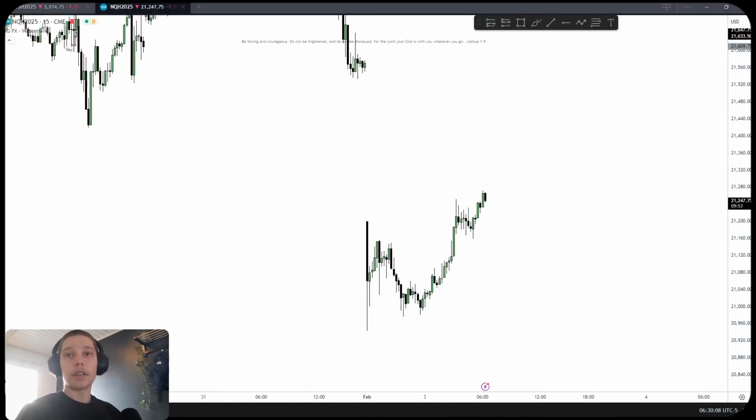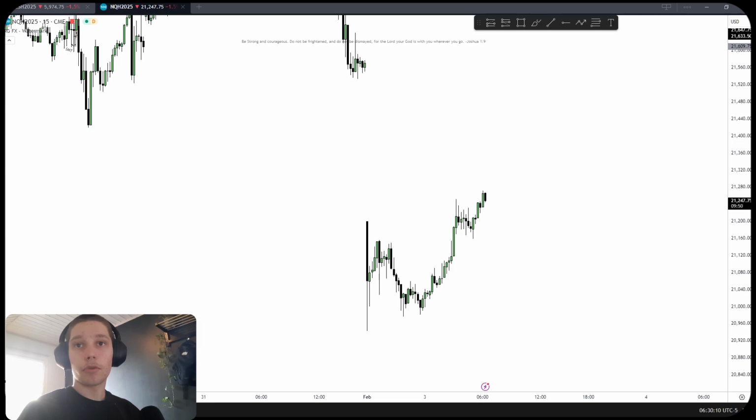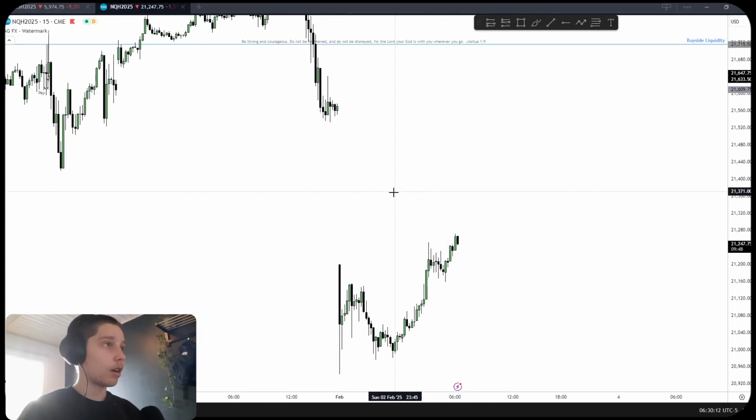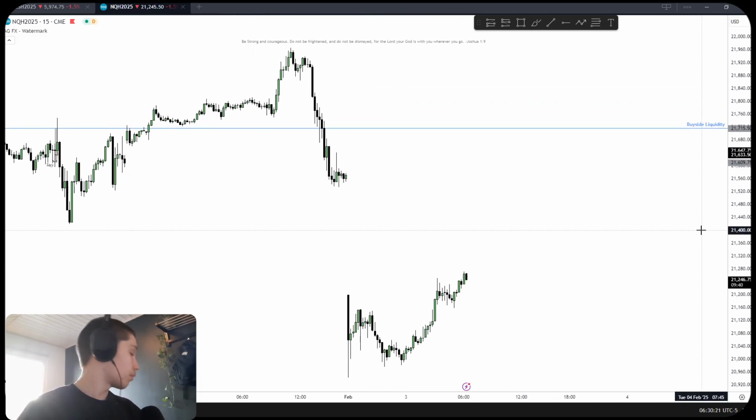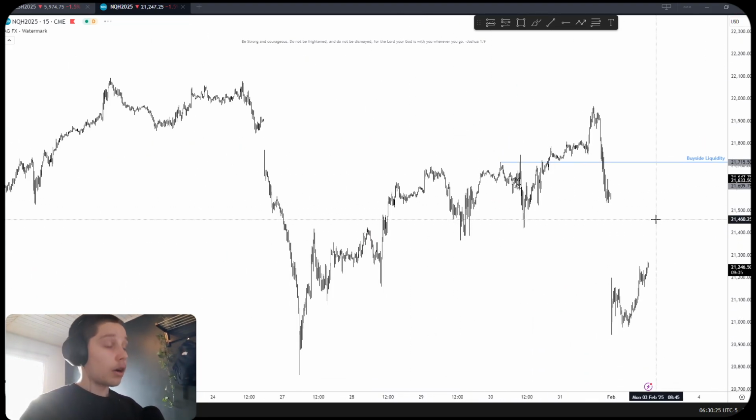Just write your rule sets down, and when you're trying to get into a trade, you can check off those boxes and see if your trade follows the outline that you have made.